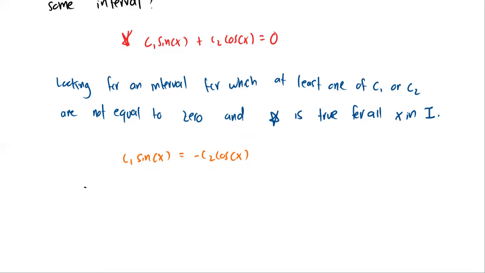So suppose that they are in fact linearly dependent on some interval. I'm going to write linearly dependent as LD on some interval I. Well, by definition, that means that at least one of these constants is non-zero.